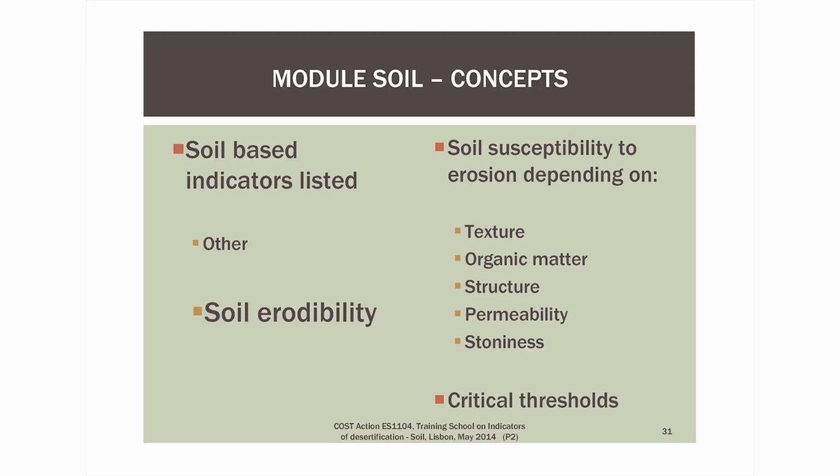Erodibility is the susceptibility to erosion of a soil, but of a soil itself, not the environment of the soil, not the land. It addresses simply soil properties, not slope, not cover, not rainfall, not climate. It's intrinsic of the soil.